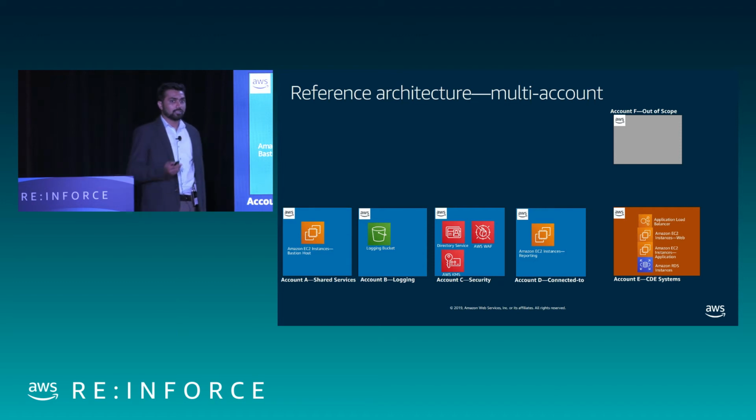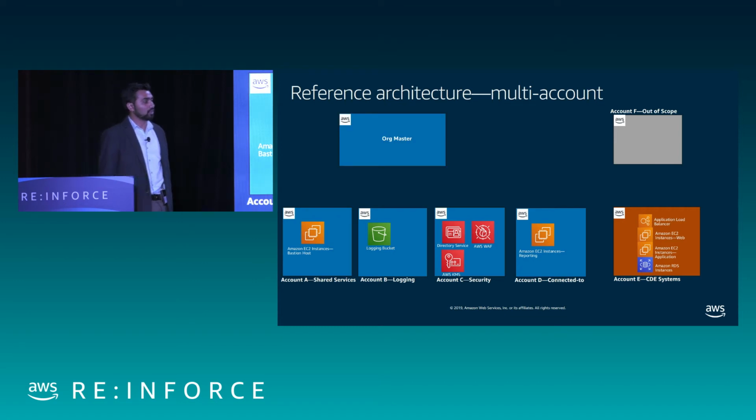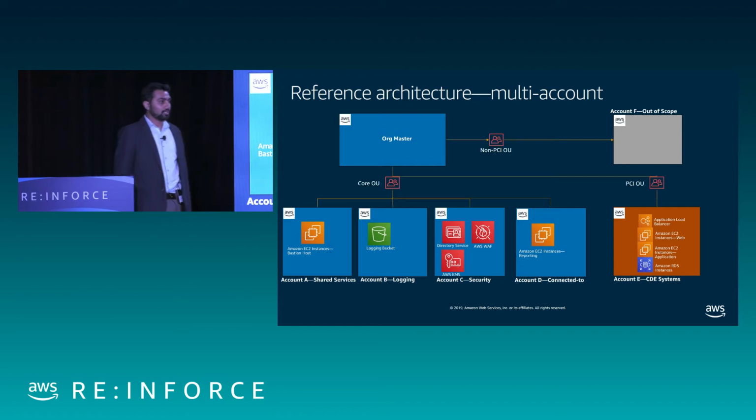Now this means that managing these accounts could be a hassle. So we have a service, AWS Organizations, as I mentioned earlier, that lets you manage that. How you can do that is you would create another AWS account called the Organizations Master Account. That will allow you to manage these accounts and allow you to add additional controls. There are various constructs available in AWS Organizations, such as the OU or organizational unit, which lets you group your accounts.